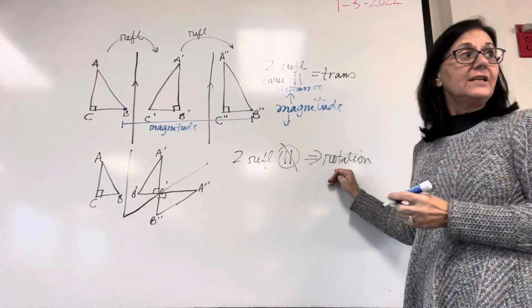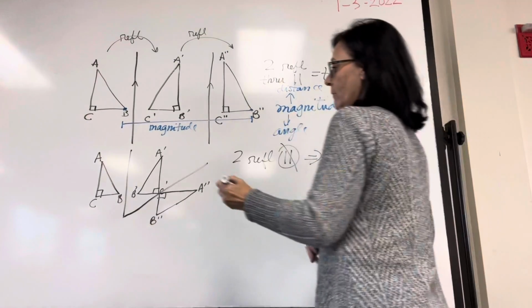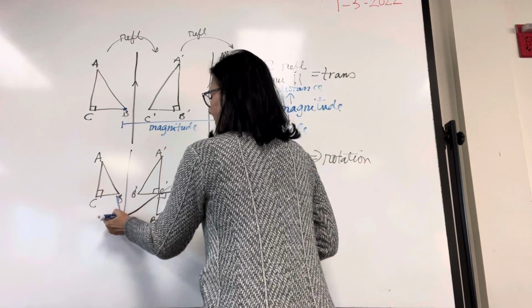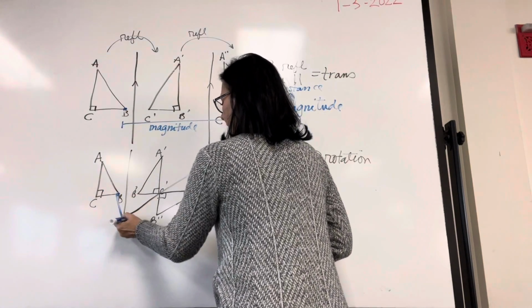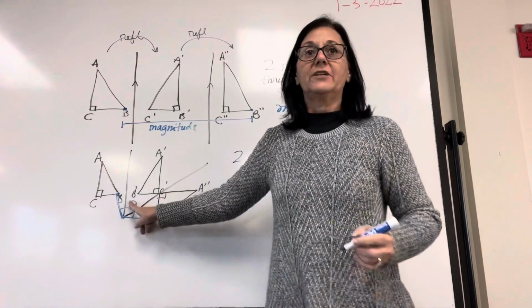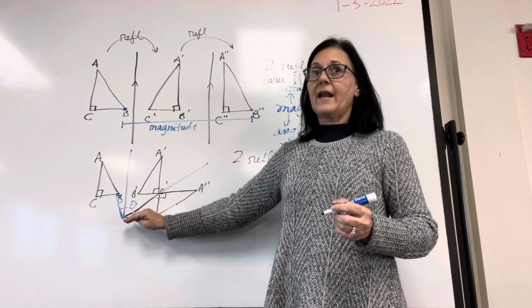When it's a rotation, it's an angle, the angle. So it will be the angle, like here from this original B to B prime. That will be my magnitude. Whatever the measure of that angle would be.